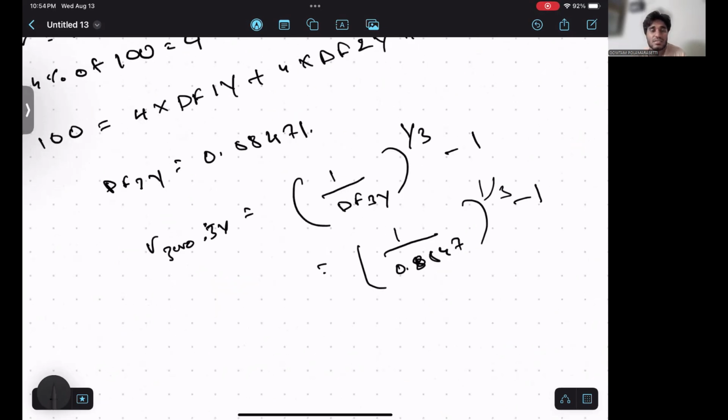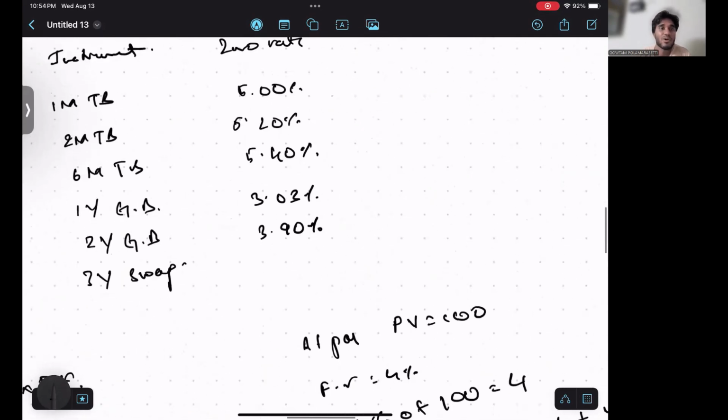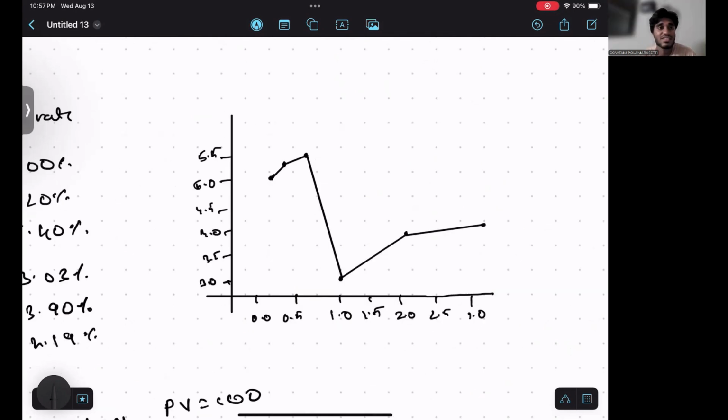Now, if we calculate this, we'll get an approximate value of 4.19%. So the zero rate for the 3 year swap contract is 4.19%. Now, the interest rate curve is nothing but a curve, taking the zero rates on the y-axis and the maturities on the x-axis. So if you plot using this data, we get a curve something like this. This is the zero rate curve which we get from the data.